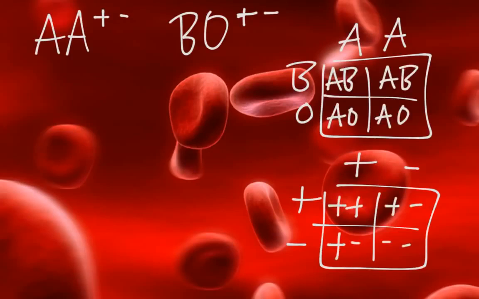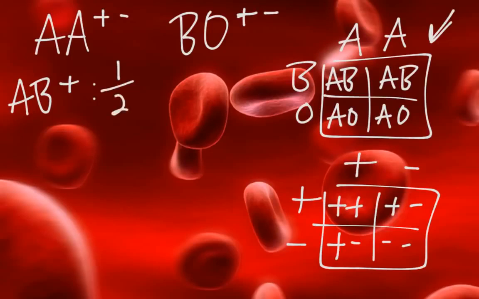And then if we want to find out what's the probability of getting any particular genotype, let's say we want to know what is the odds of getting type AB positive. By looking in this first Punnett square, I see the chances of being type AB is 2 out of 4, which is 1/2. So there's a 1/2 chance of being AB.